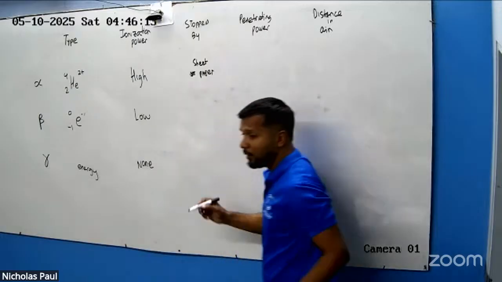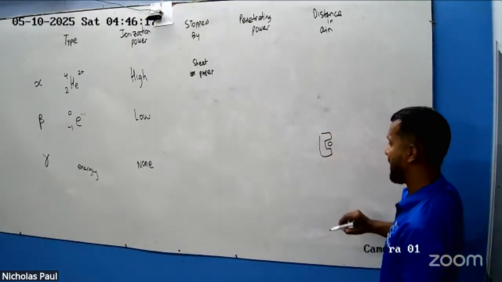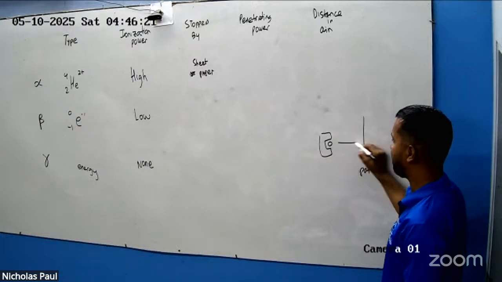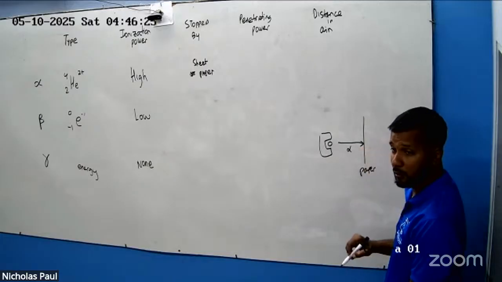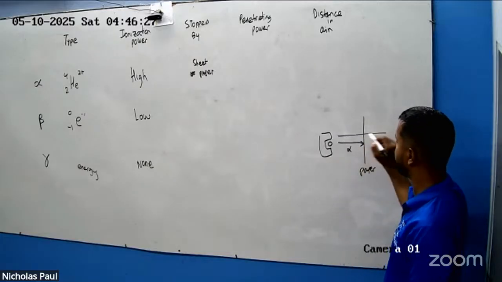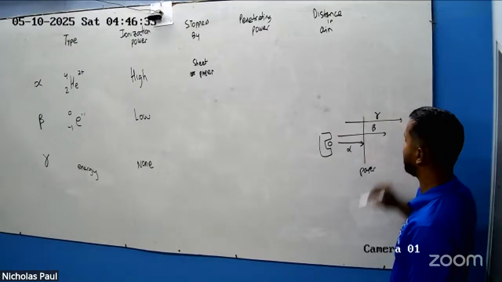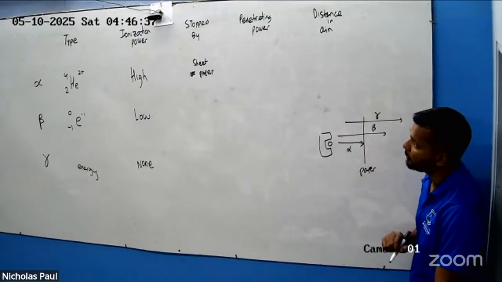So if I have an alpha source and I put paper here, that alpha cannot pass through this paper. But beta will go through it, and gamma will go through it. Both of them will go through it. So paper will stop alpha.